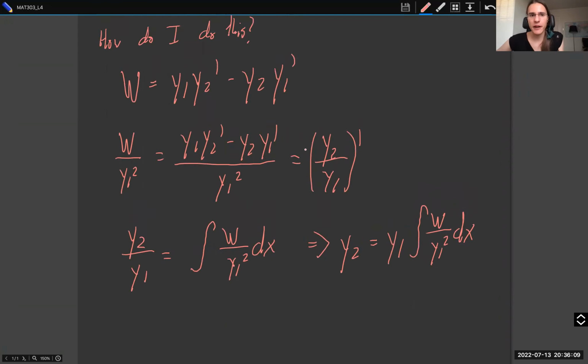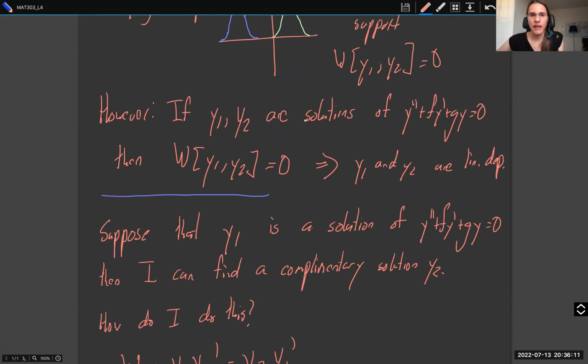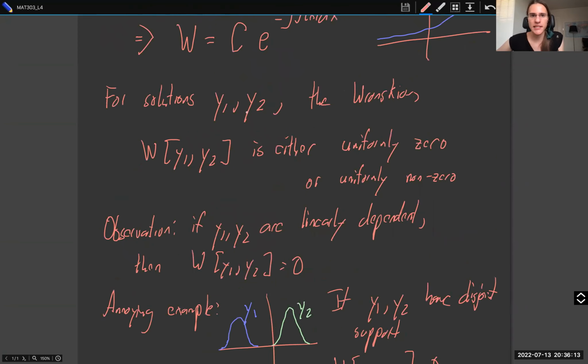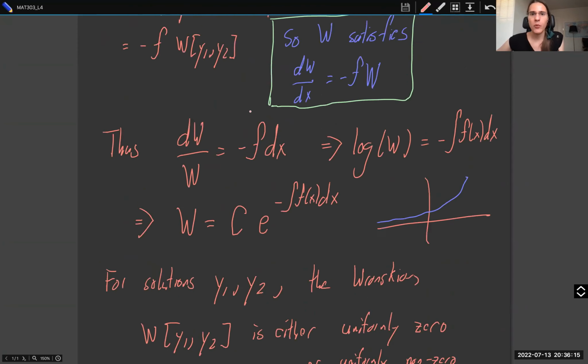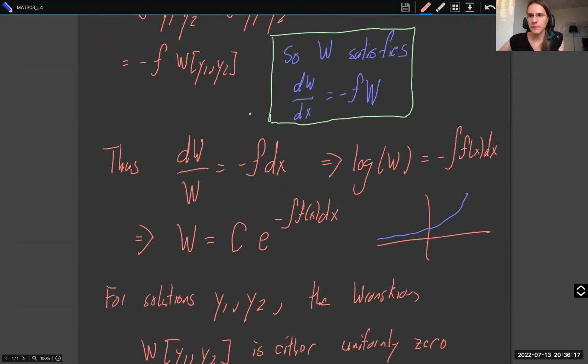So the state of affairs is that if we have a second order homogeneous linear equation, we are unfortunately not in as good a position as we had for first order equations, because for first order equations, I gave you a process for solving it. For the homogeneous equation, it just became separable after doing some stuff.